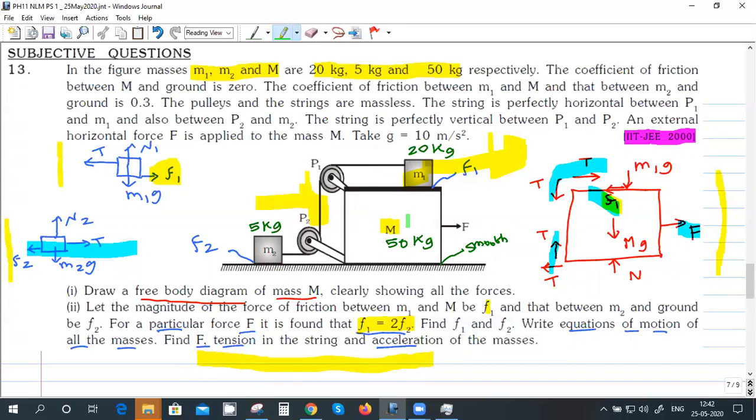In that case, the acceleration of capital M will be say A, and the acceleration of M1 will be say A1. But since the string is tight, the acceleration of M2 will also be A1. Getting it?